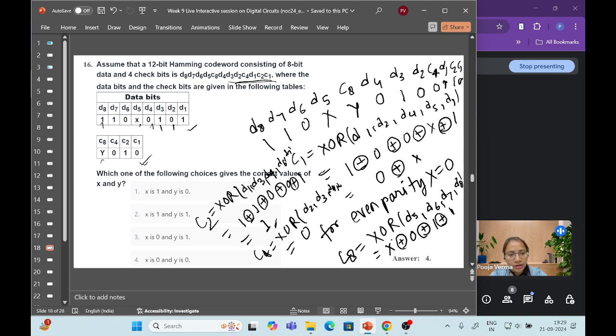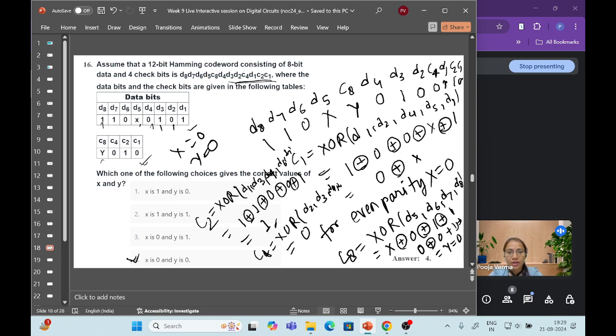We have assumed X is equal to 0, so 0 XOR 0 XOR 1 XOR 1. That is even, so Y is also equal to 0, since C8 is Y. So X is equal to 0 and Y is equal to 0. Option 4 is the correct answer for this question: X is 0 and Y is 0.